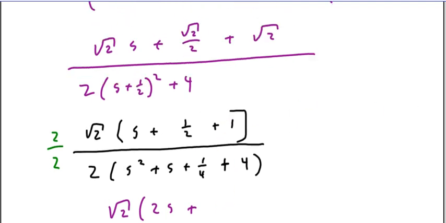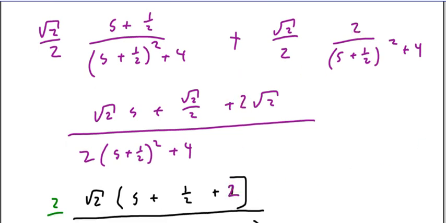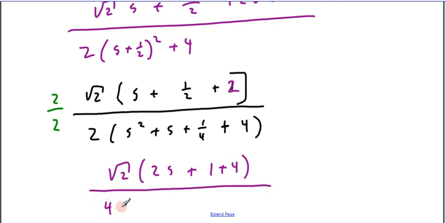Yeah, maybe we better, this is 2 the square root of 2, 2 the square root of 2 there. That makes this a 2 here, and that makes this a 1 plus 4 on top. Much better. On the bottom I have 4s squared plus 2s plus 4 times 4 is 16 plus 1 is 17.